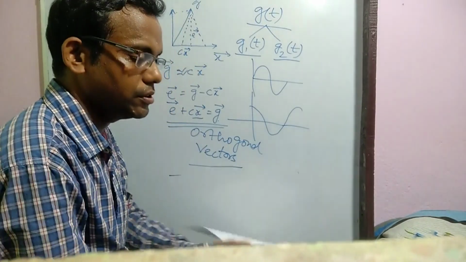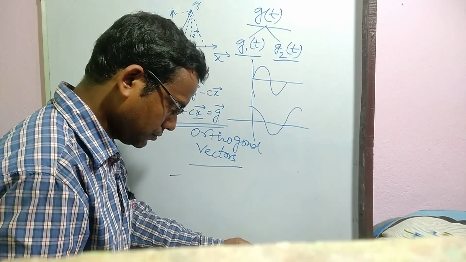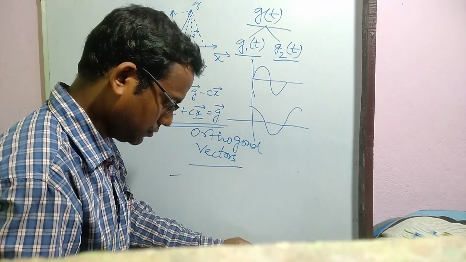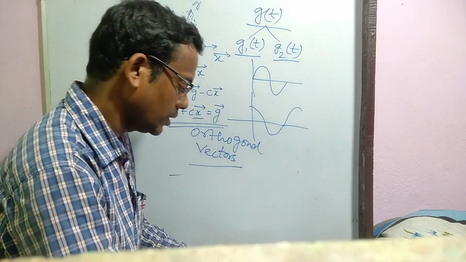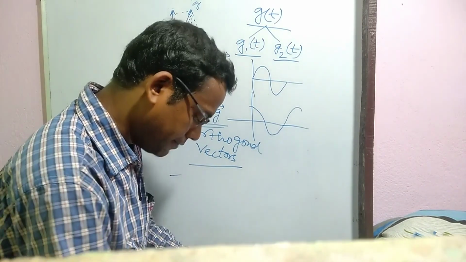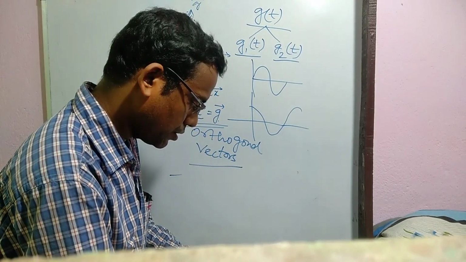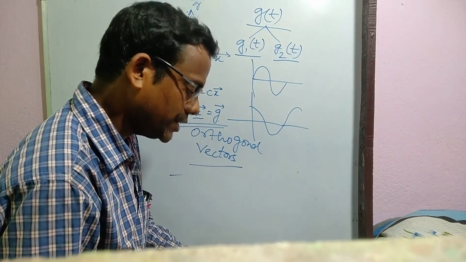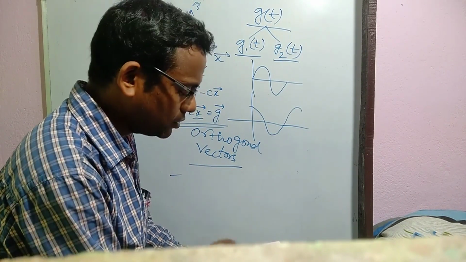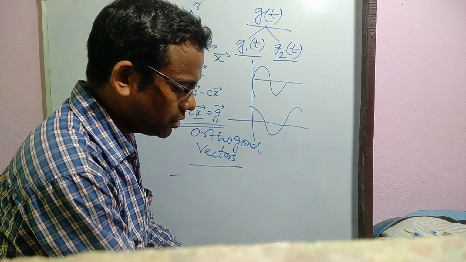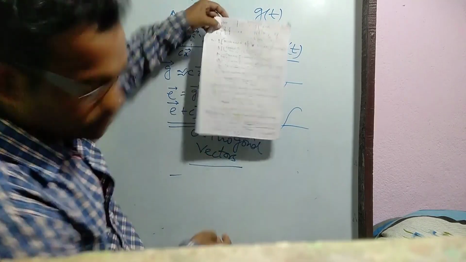Then we have calculated one thing. We have evaluated the Fourier coefficients of a square wave in 2 ways, or in 2 cases. One, when you see carefully this one, okay, I am drawing.